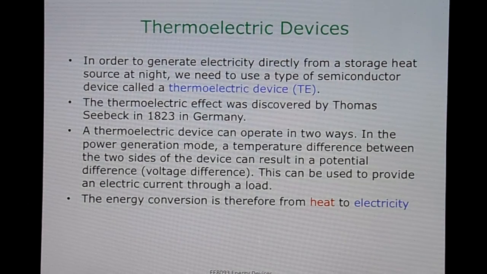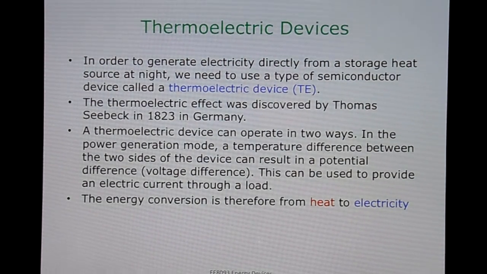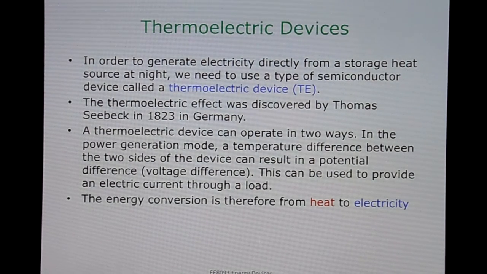Nearly 200 years ago. And for this reason, the thermoelectric effect is also called the Seebeck effect. So the two names, Seebeck effect and thermoelectric effect, are the same.